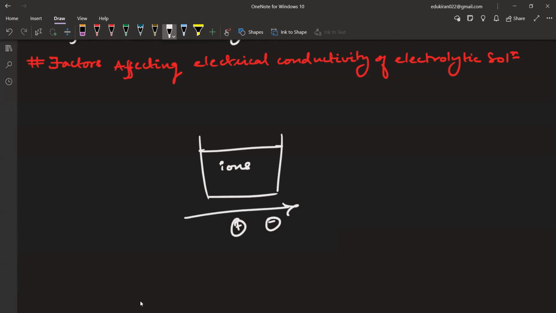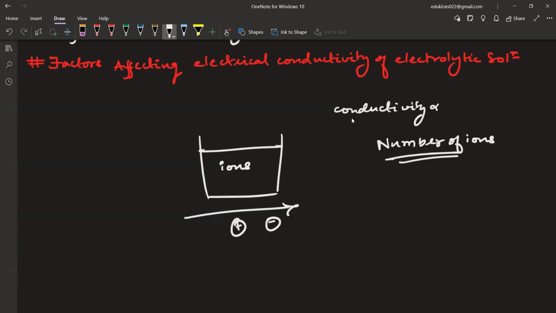Now you tell me, will the conductivity be higher or lower? How will it depend on the number of ions? Will conductivity increase if I increase the number of ions, or decrease? Will more current flow if there are more ions?